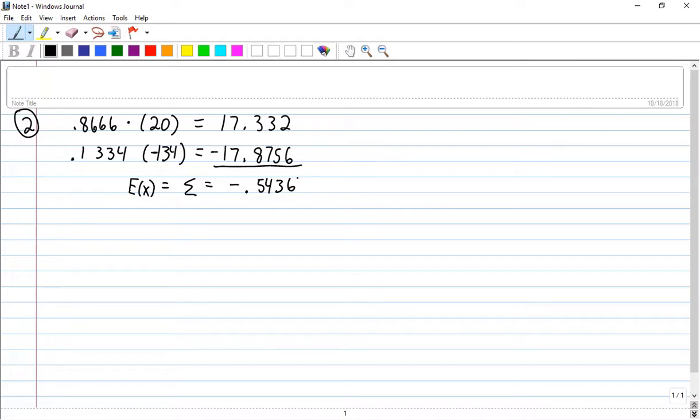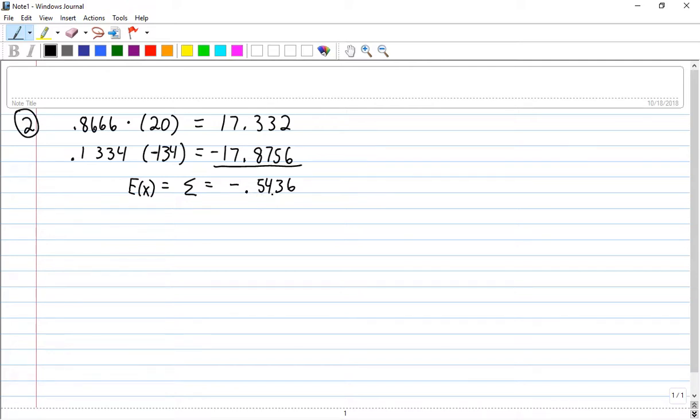0.5436. So what that would mean is that whenever I do this, I would lose on average 54 cents. So like if I did this over and over and over, even if I win some, I could expect that over time, every time that I've done this, I'm going to lose 54 cents.